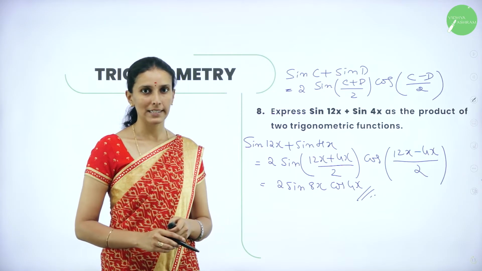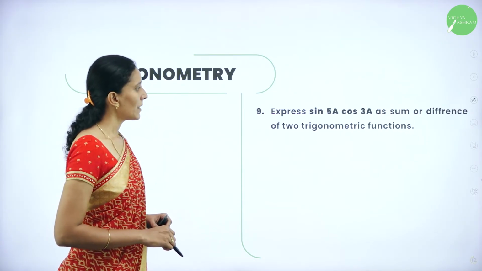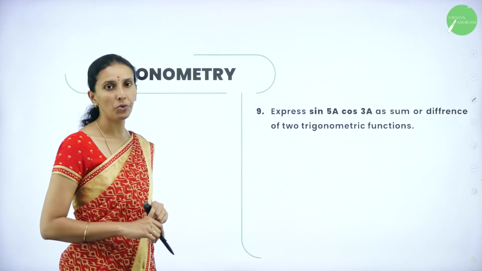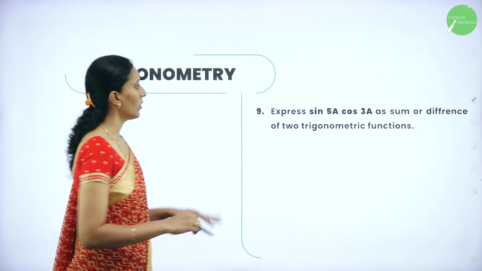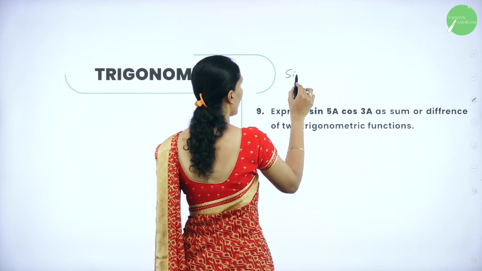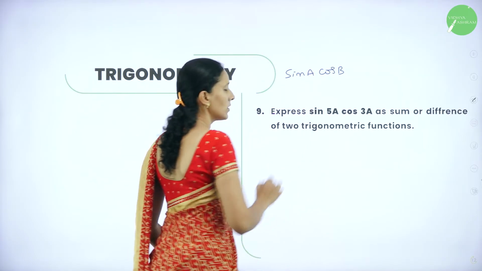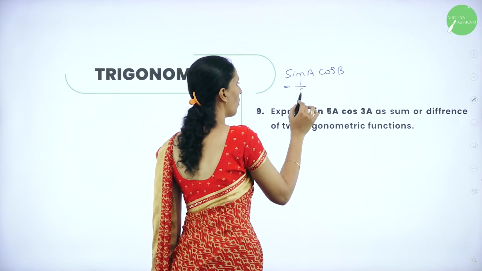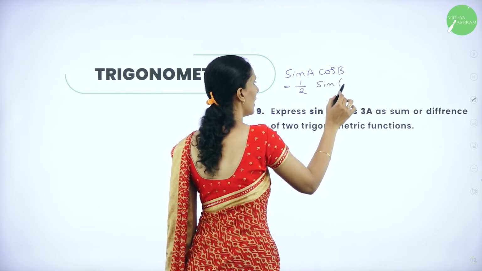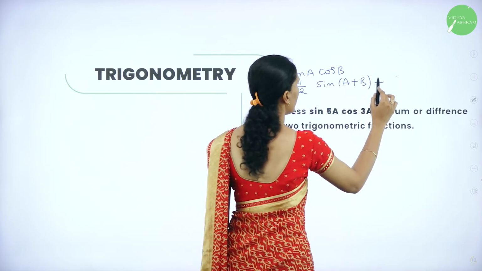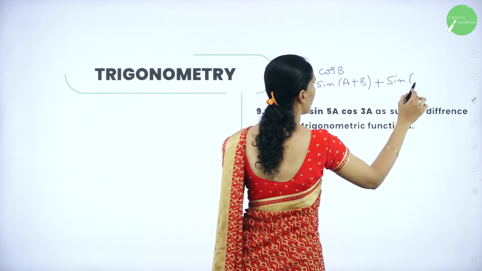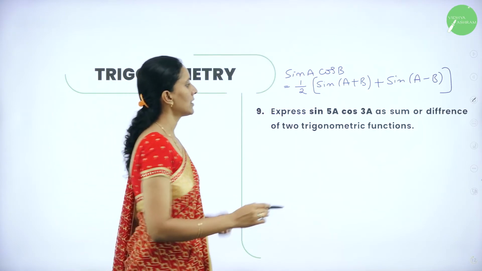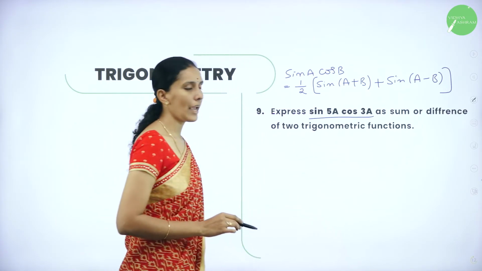Next problem. Express sin 5a cos 3a as sum or difference of two trigonometric functions. So remember sin a cos b. How is sin a cos b obtained? From half of (sin (a plus b) plus sin (a minus b)). So this is the formula whenever the product is in the form of sin a cos b.